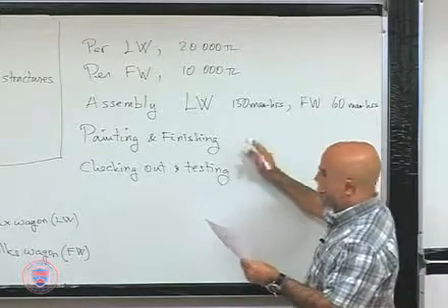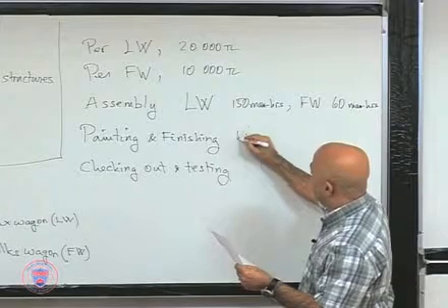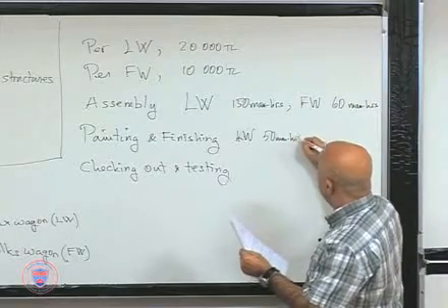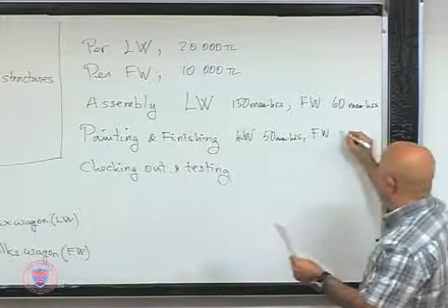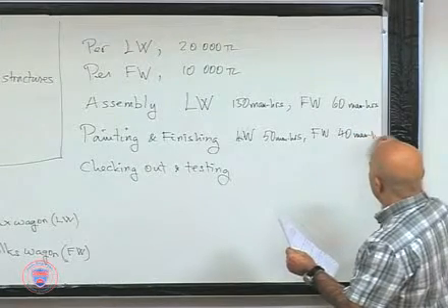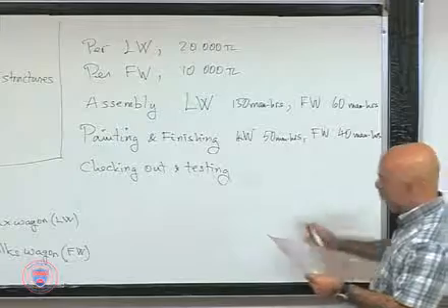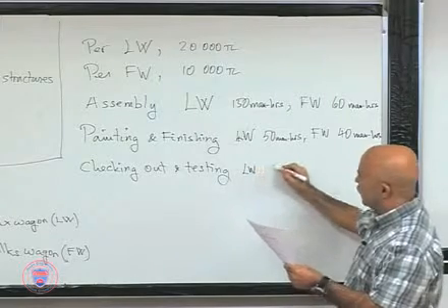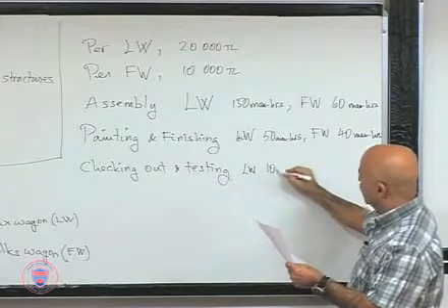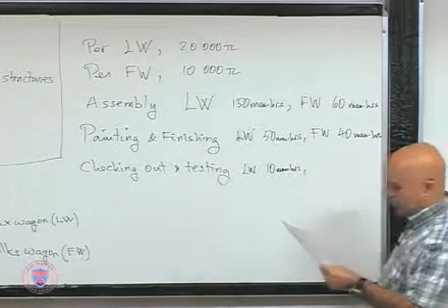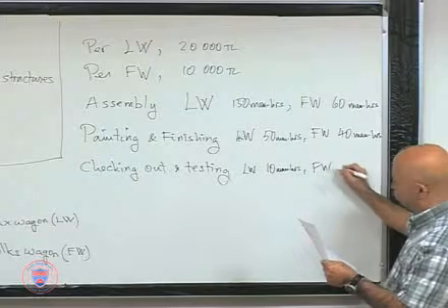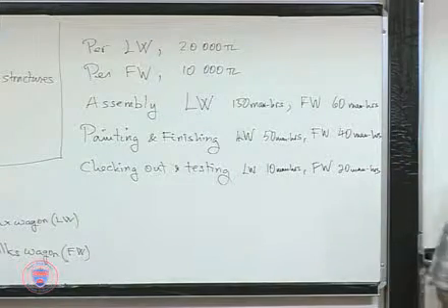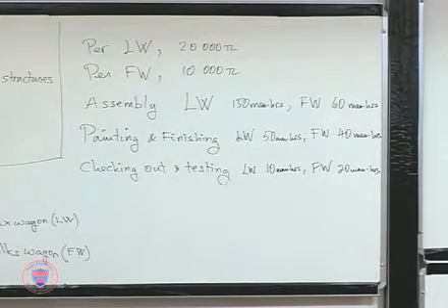In the painting and finishing department, each Lux wagon requires 50 man-hours, and each Volkswagen requires 40 man-hours. And finally, in the checking out and testing division, each Lux wagon requires 10 man-hours per car, and each Volkswagen requires 20 man-hours per car. That's the type of information we've got. Okay?